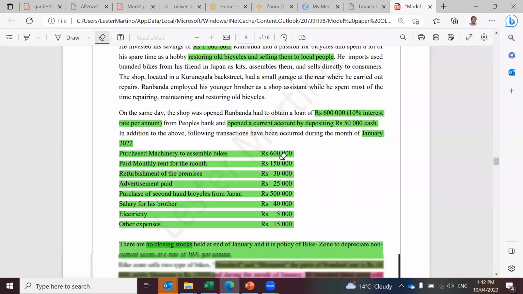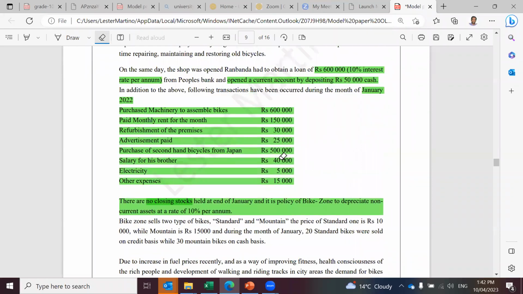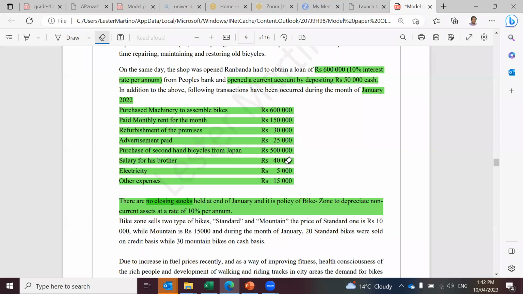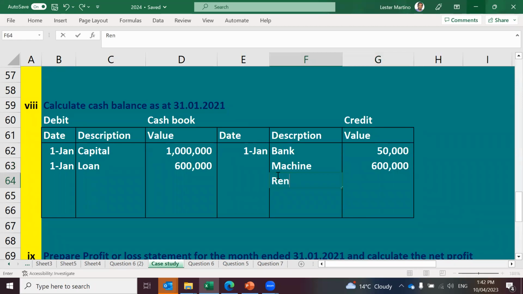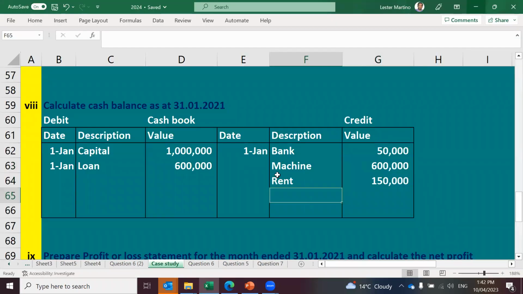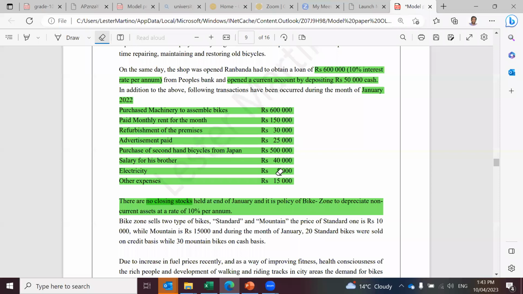Right. Shall we move to the next one? Transactions pertaining to cash. Purchased machinery: write it down, machinery, credit. The dates are not given, just leave it. Put it here, machine, 600,000. Next one, rent 150. Refurbishment 30.